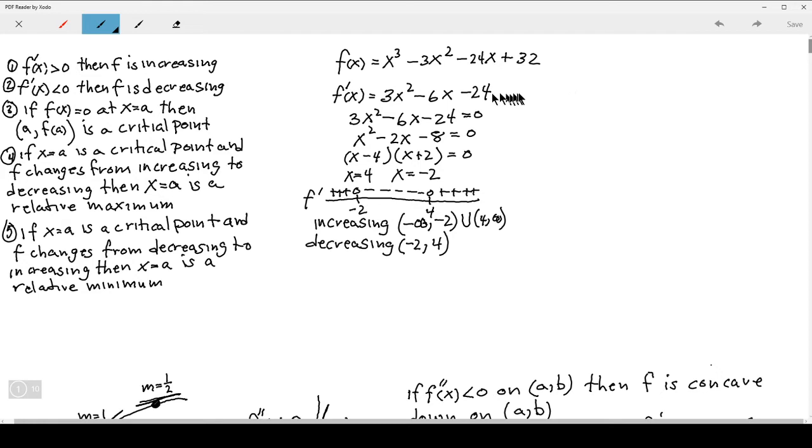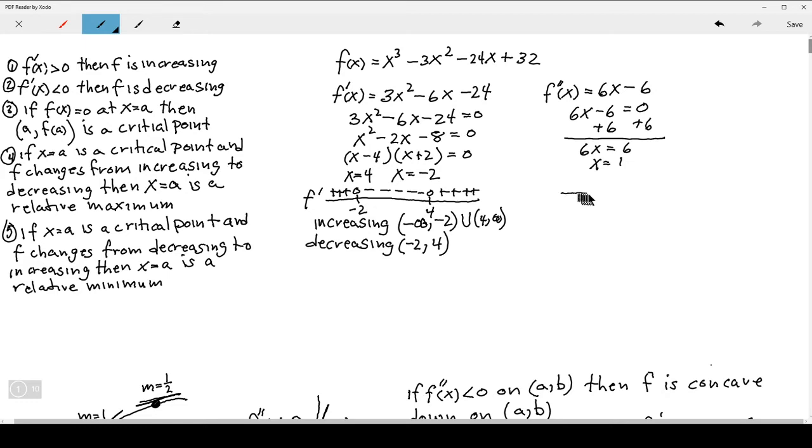We have f prime here, so f double prime is going to be the derivative of this, so that's going to be 6x minus 6. If I take 6x minus 6 and set it equal to 0, this one's easy because it's just a linear equation. So we're going to solve this out. So x is going to be 1.